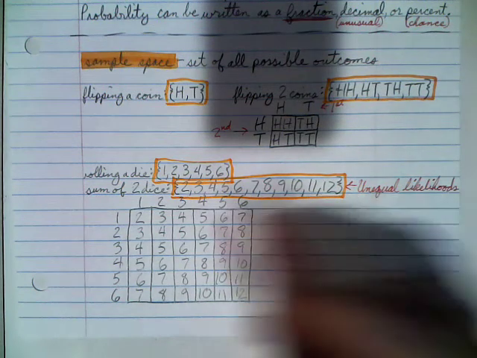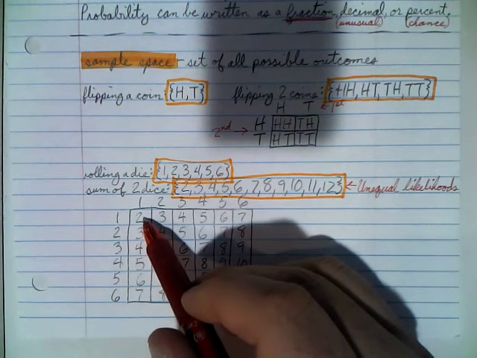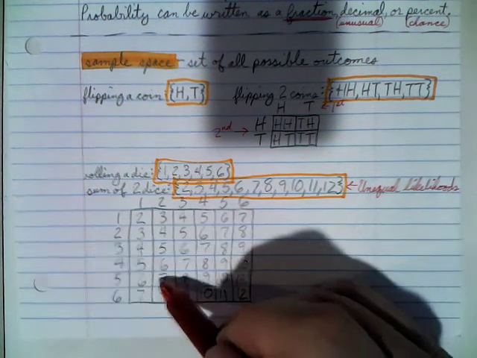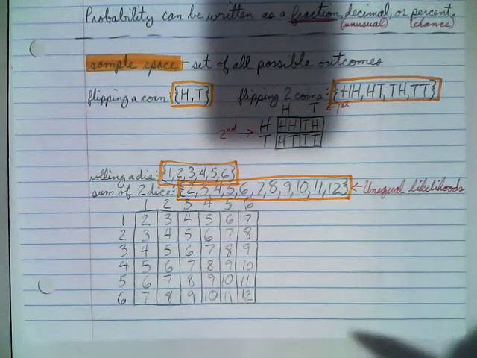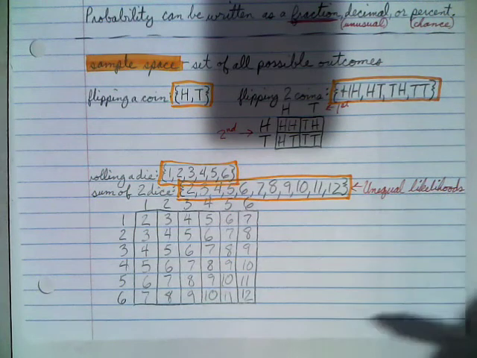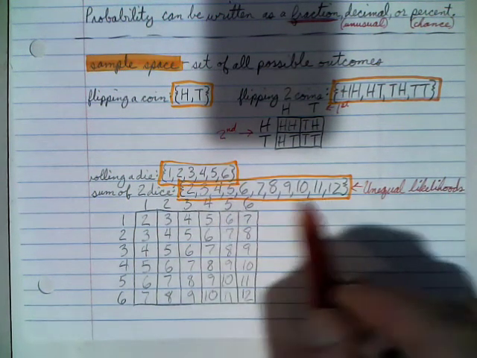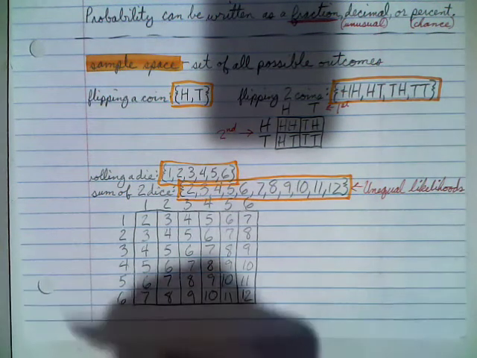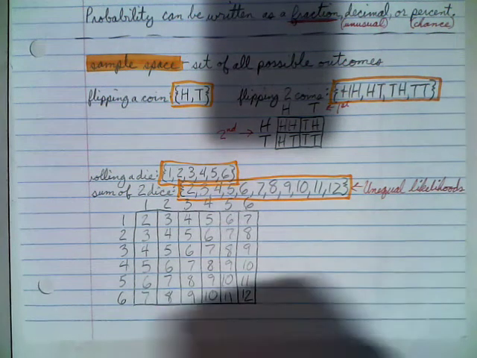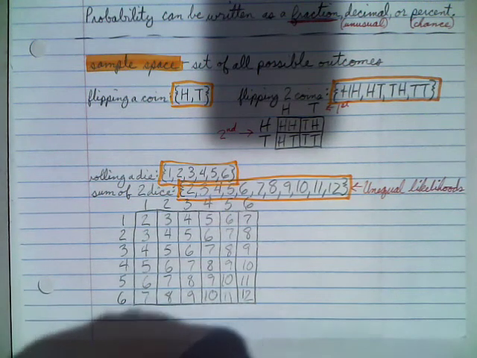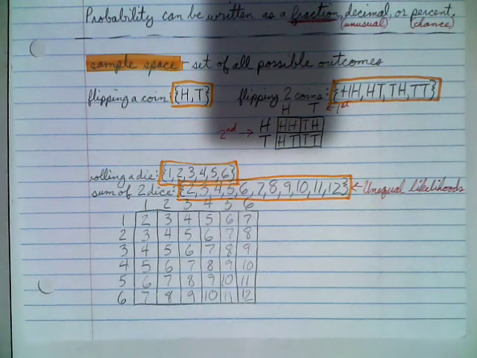If we look at our chart, there's only one way to get a 2, but there are 2 ways to get a 3. In fact, there are 1, 2, 3, 4, 5, 6 ways to get a 7, more than anything else, making 7 the most likely thing here. But if we look at the sample space, nothing in the sample space would give that away. So while this is a sample space, it's not a super helpful one for actually finding probability in a moment.